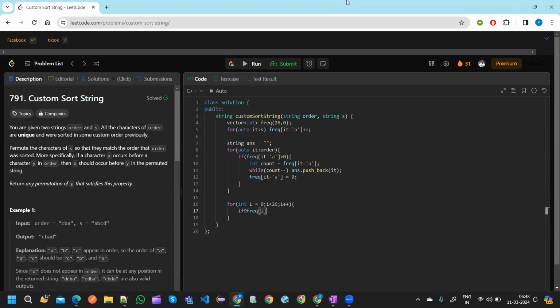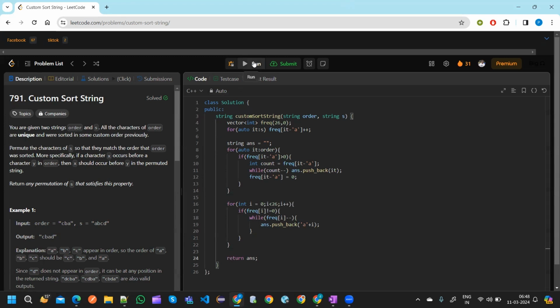If frequency of i is not equal to 0, if that is the case, we will append that character to the answer. So now we have appended the character. Now we can return the final string.